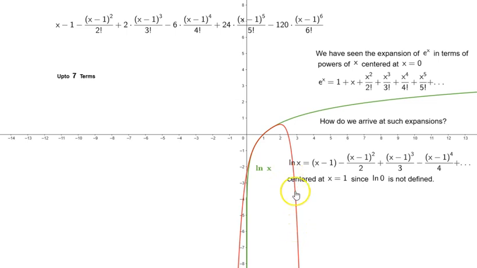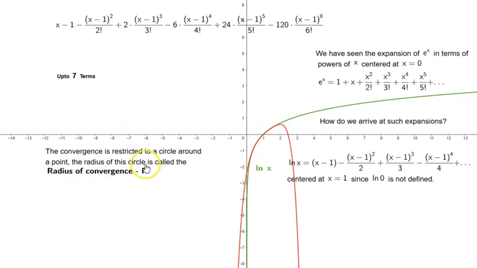We can't even say approximation, beyond that it goes crazy, nowhere near the function. So as we took this to infinity, it stops converging after 7 terms, whereas in case of e to the power of x, as we took it to infinity, it converges entirely with the function.